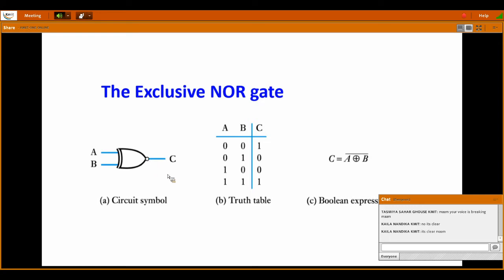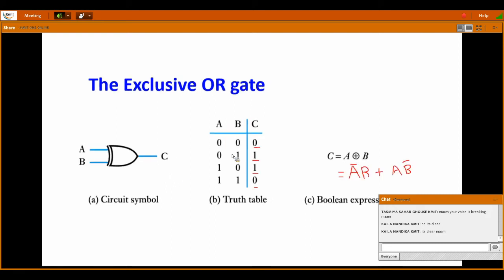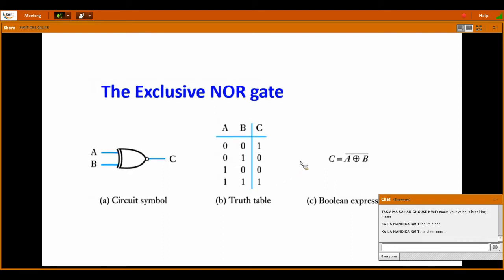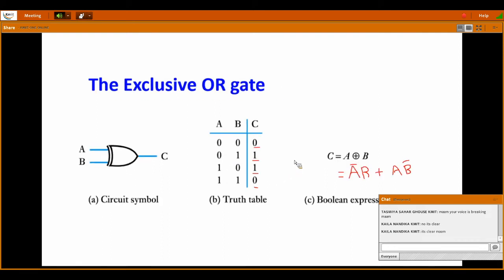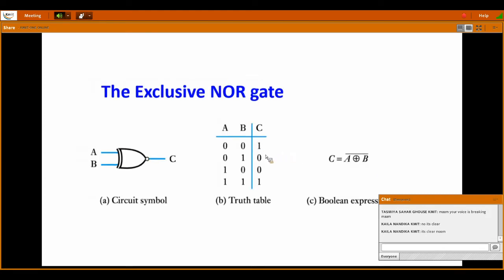It means exclusive NOR is the opposite of exclusive OR. If you complement the outputs of the XOR gate, 0, 1, 1, 0, you will get the outputs of exclusive NOR. See here, earlier it was 0, 1, 1, 0 in the output, but here it is 1, 0, 0, 1.